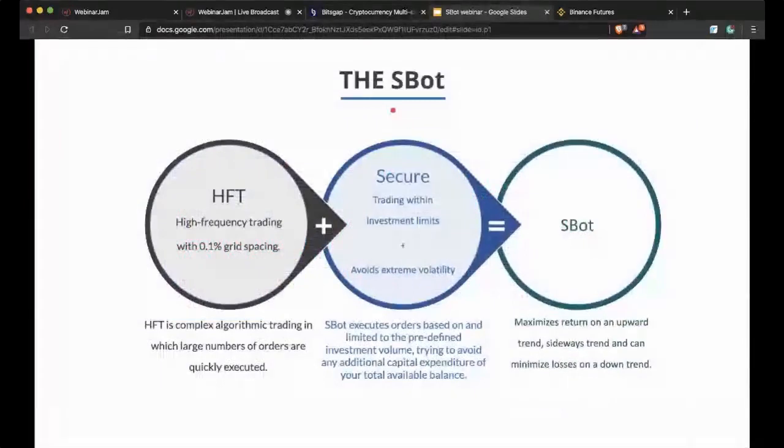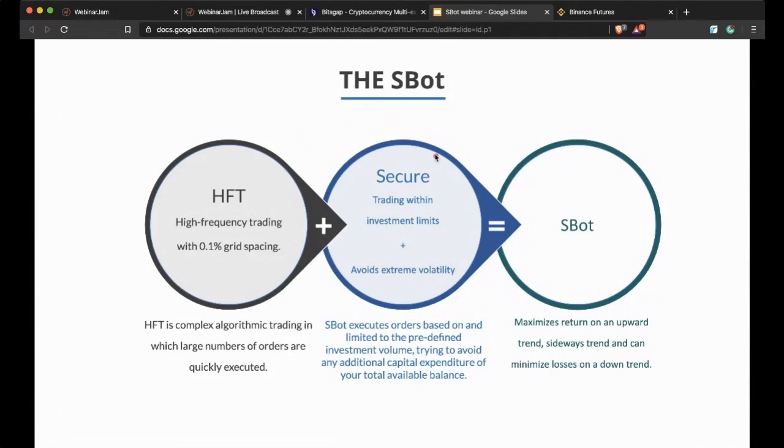So what about the SBot, our brand new product? The thing is that HFT, high frequency trading, is now allowed with only 0.1% per grid. So that's the spacing that I've shown you between the orders. The more narrow the grid spacing, the more market swings you can seize. It's also more secure.